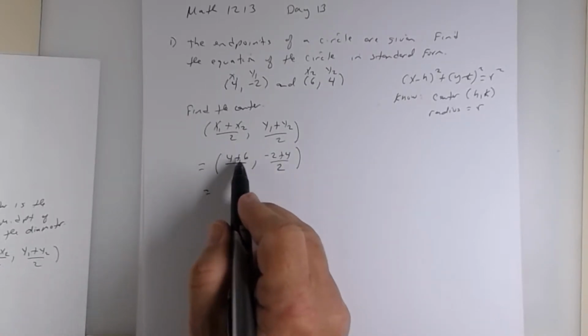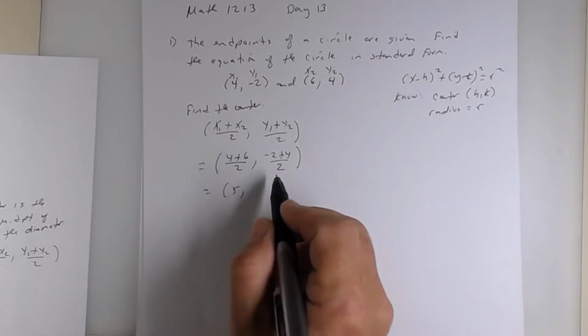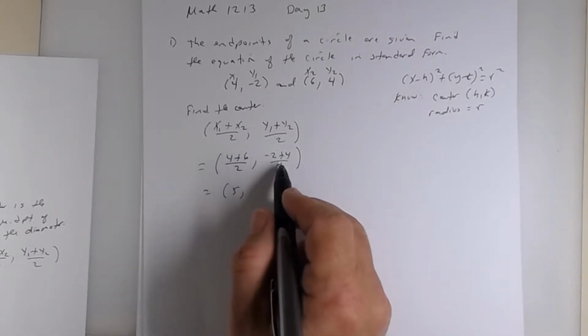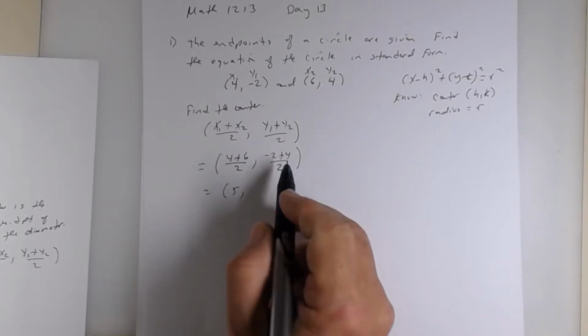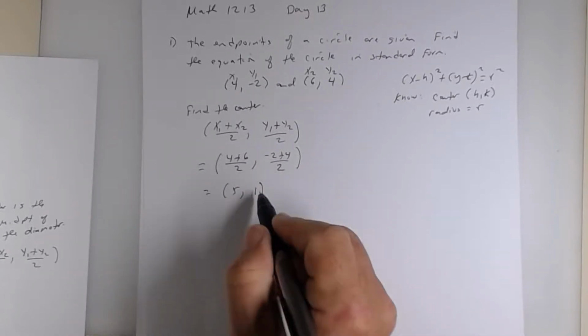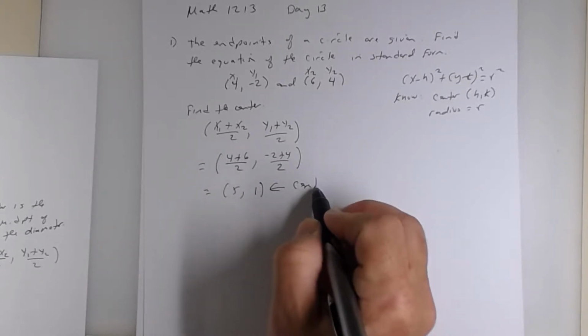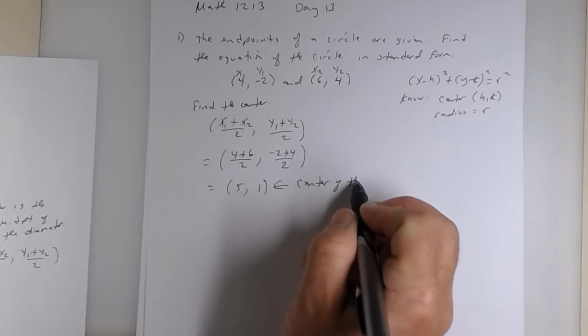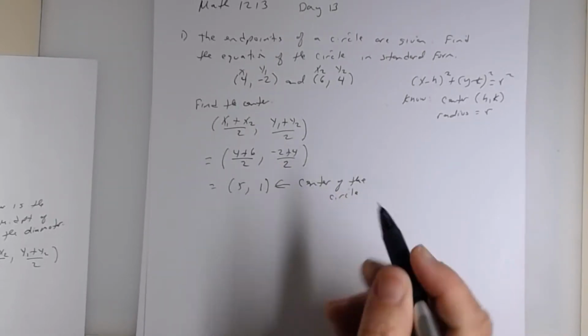And so this is 4 plus 6, which is 10 over 2, which is 5, comma, negative 2 plus 4, which is 2 over 2, which is 1. So that's the center of the circle, right?